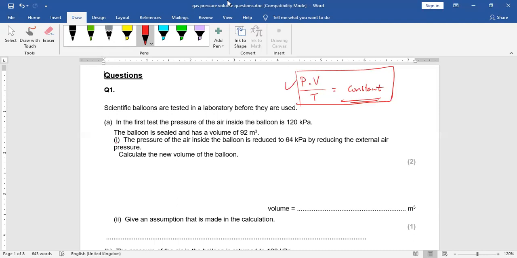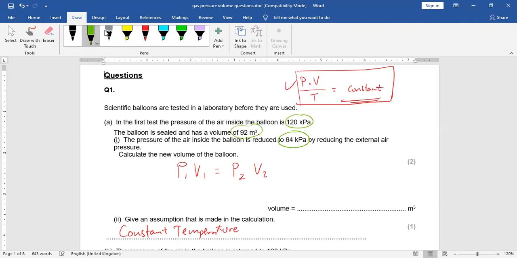In this case, we assume that the temperature is constant. So it's a constant temperature here. It means that pressure 1 multiplied with volume 1 is equal to pressure 2 multiplied with volume 2. So you have to input the data from here.